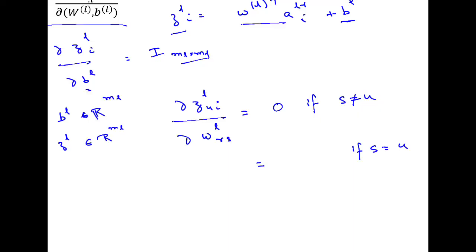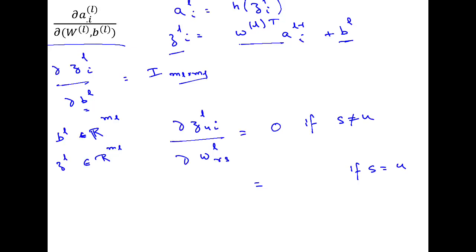I have to do the summation, but I have to take the derivative with respect to WR, each component R. So if I am taking the derivative with respect to component R, then only one term in the summation will be non-zero. And what will that be?